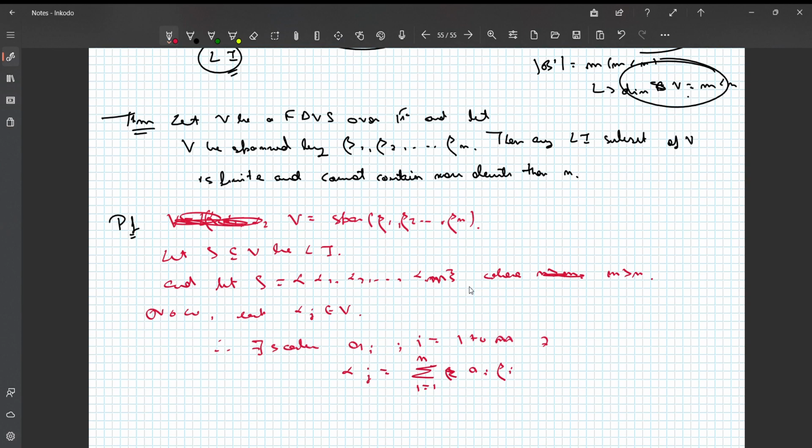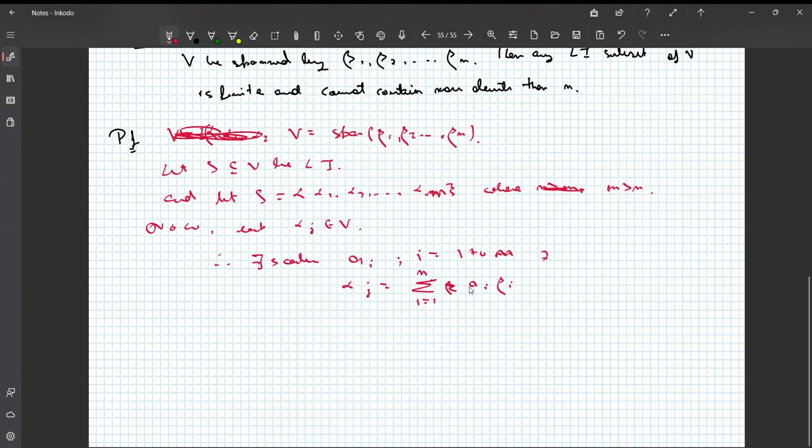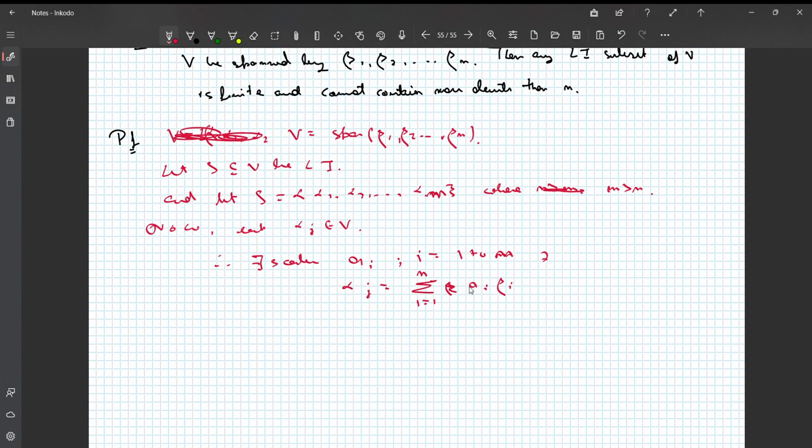Sorry, i ranges from 1 to m, right? Clear? Now, consider the linear combination of b_j alpha j, j from 1 to n, correct?